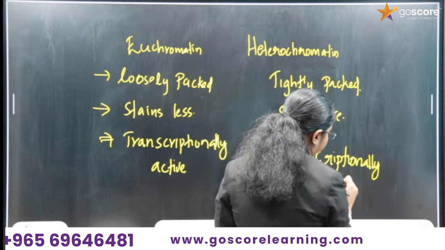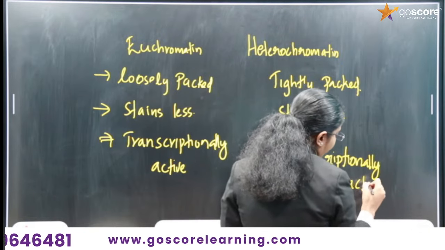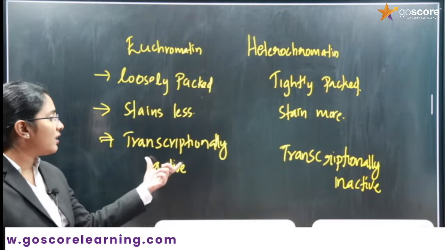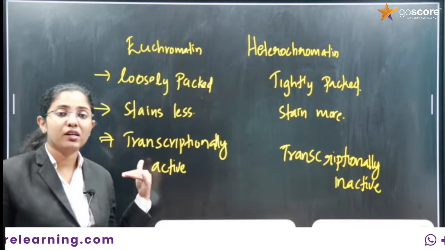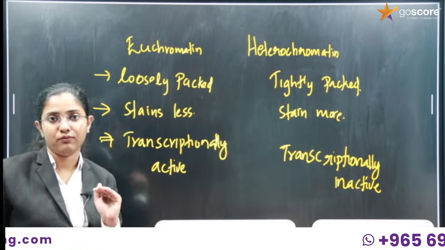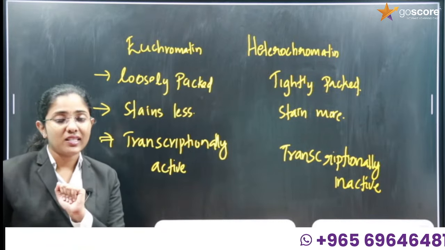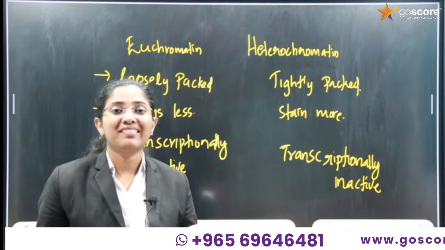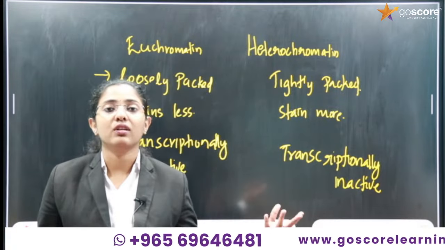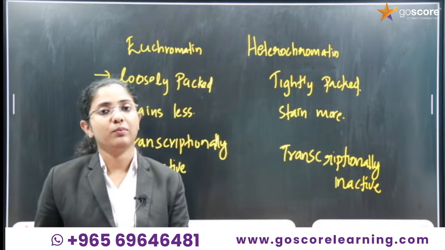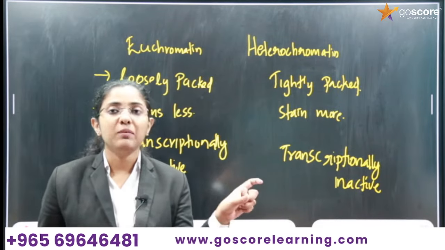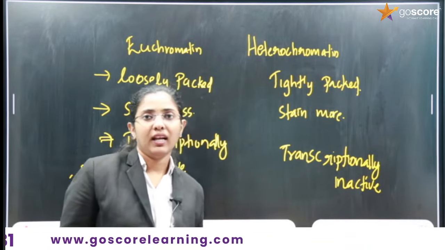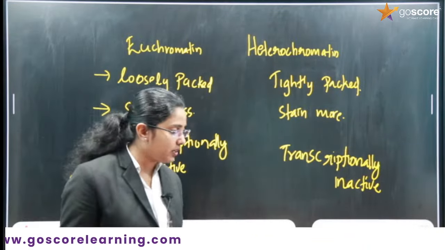Transcriptionally active means the chromosome will undergo the process known as transcription, formation of mRNA. Transcriptionally inactive means that DNA won't undergo transcription, the process of mRNA and later the process of protein synthesis. From that particular part, no protein will be synthesized. Okay, clear?